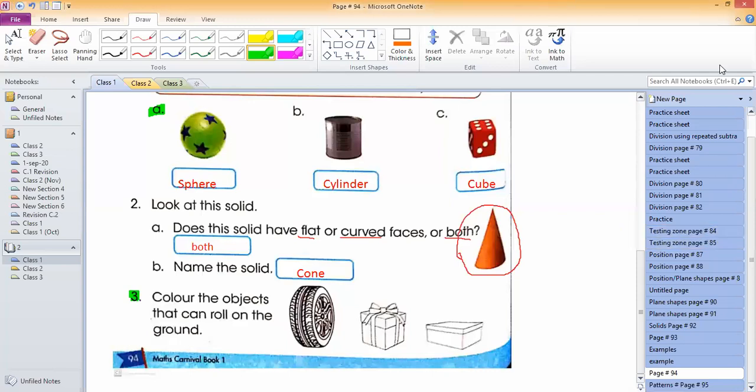Tell me which object can roll on the ground. Answer me in the chat box, guys. This tire, gift box or a box, which can roll on the ground?